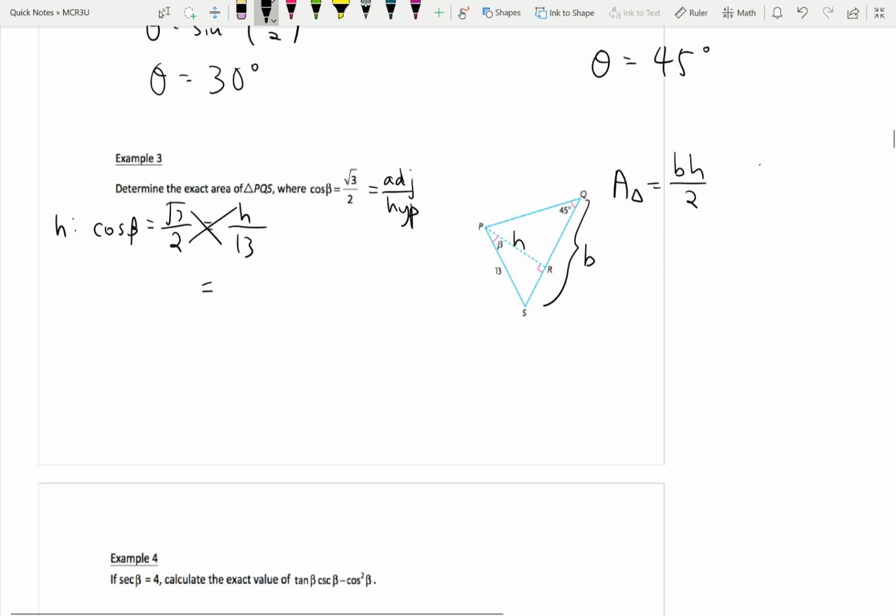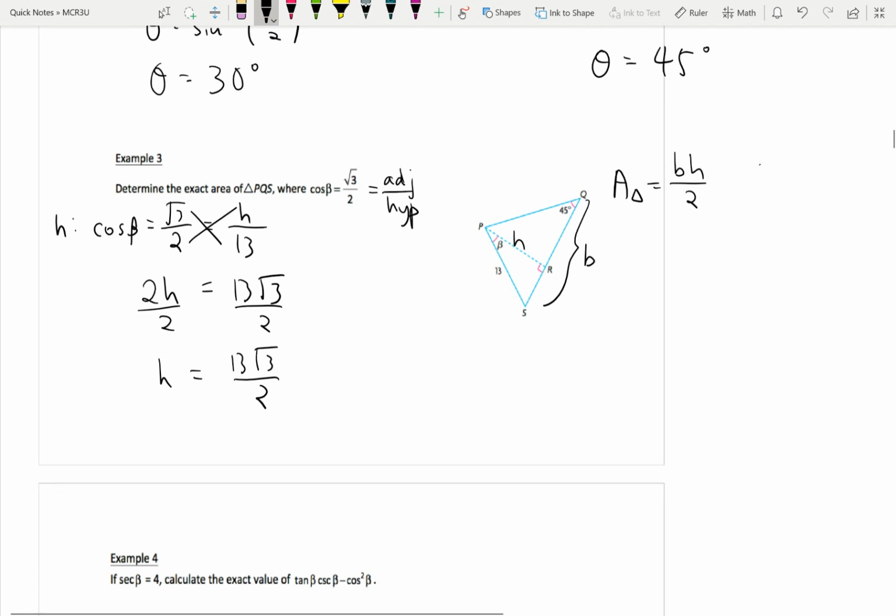So 2 times h is 2h, and then you've got 13 times root 3, and we will keep it like that. And then divide it by 2 because we want h and not 2h. Okay, I now have found my h, the exact value for h.